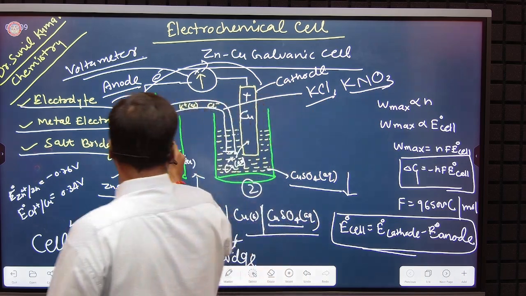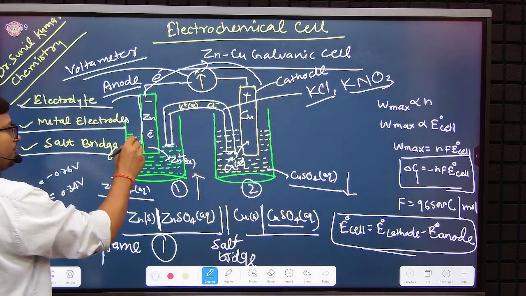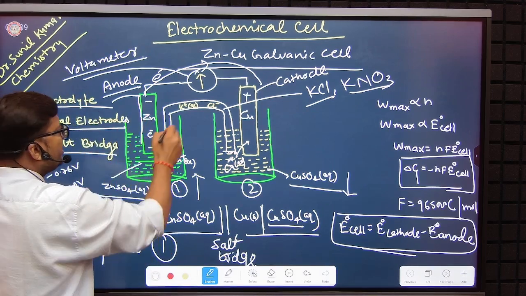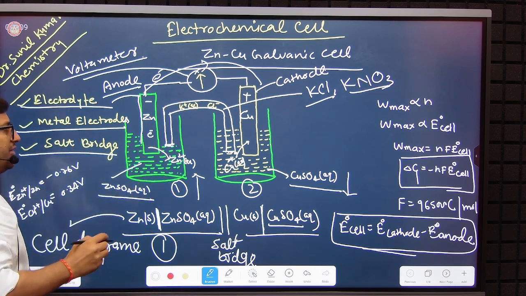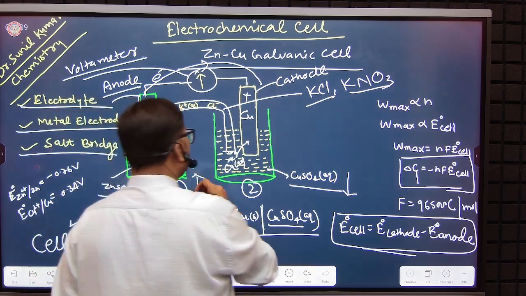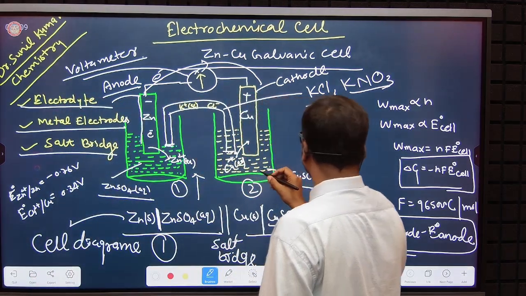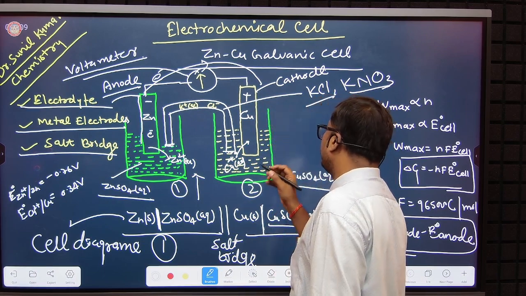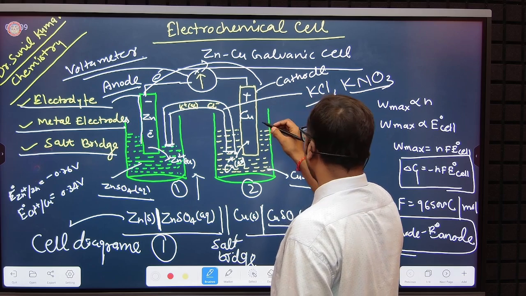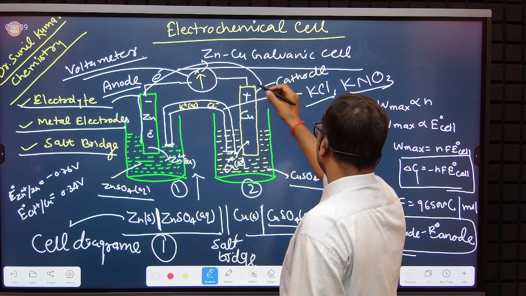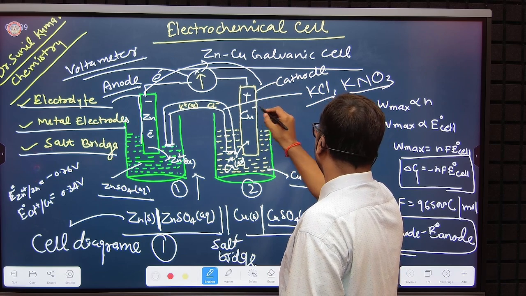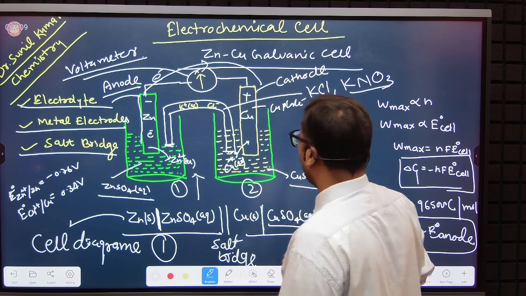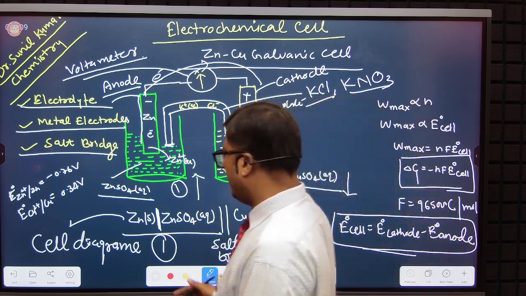It means Zn2+ is formed due to the oxidation of this zinc plate, and here the copper 2+ is converted into copper solid. It means here copper is deposited on the surface of this copper plate, right?